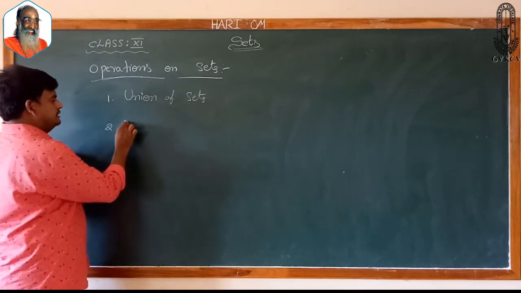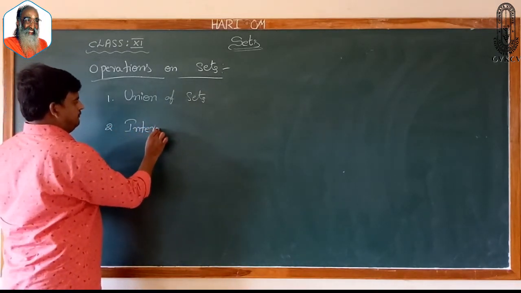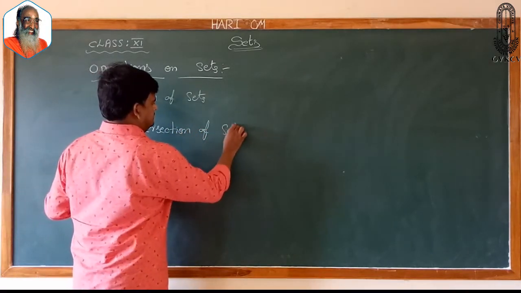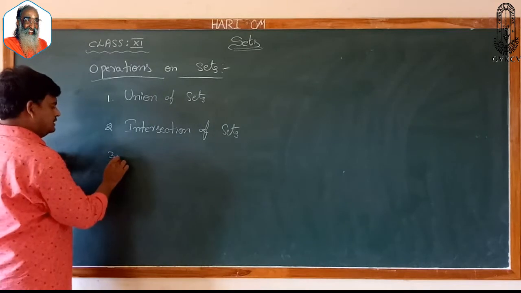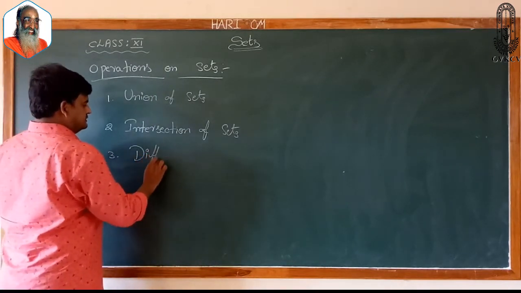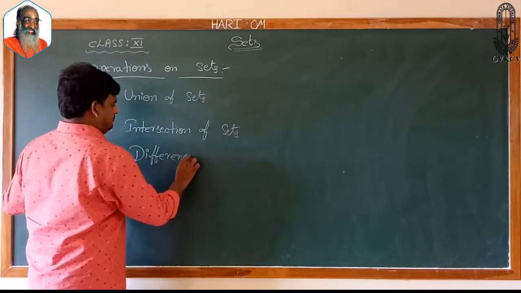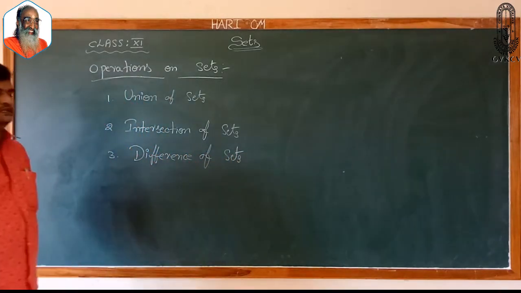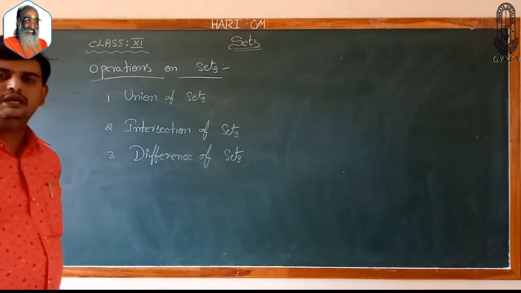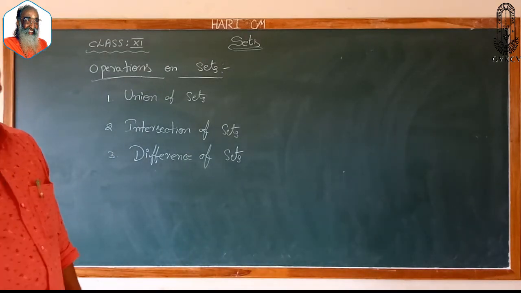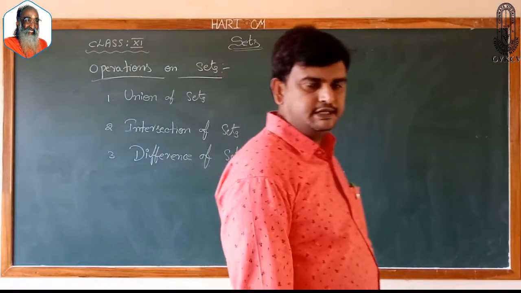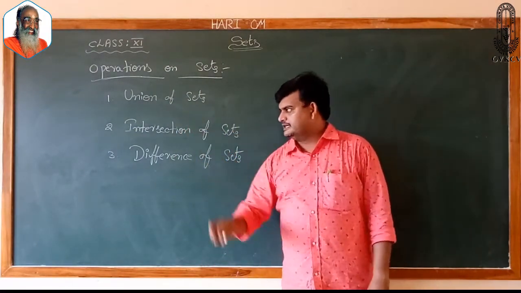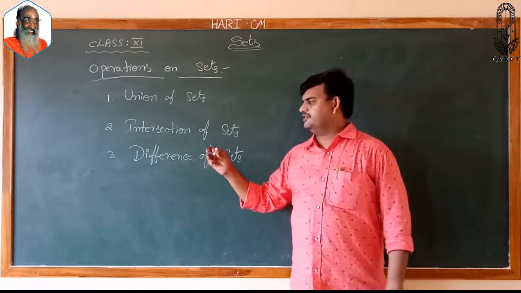The second operation is intersection of sets, and the third one is difference of sets. So these are the 3 fundamental operations we have on sets: union of sets, intersection of sets and difference of sets.